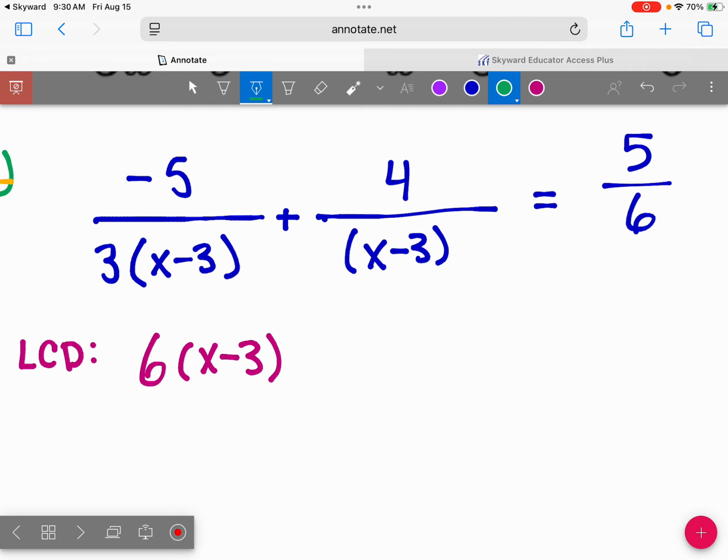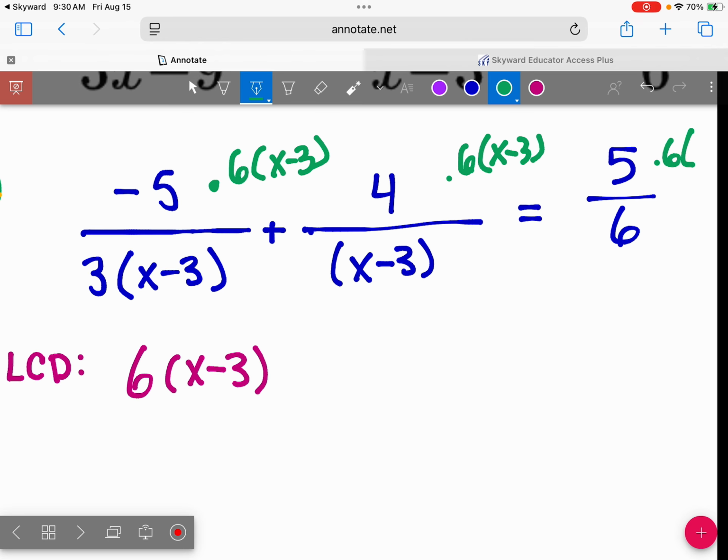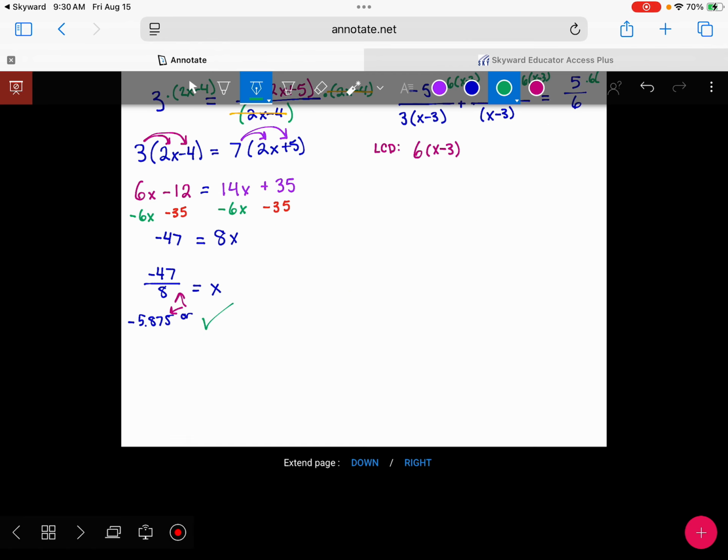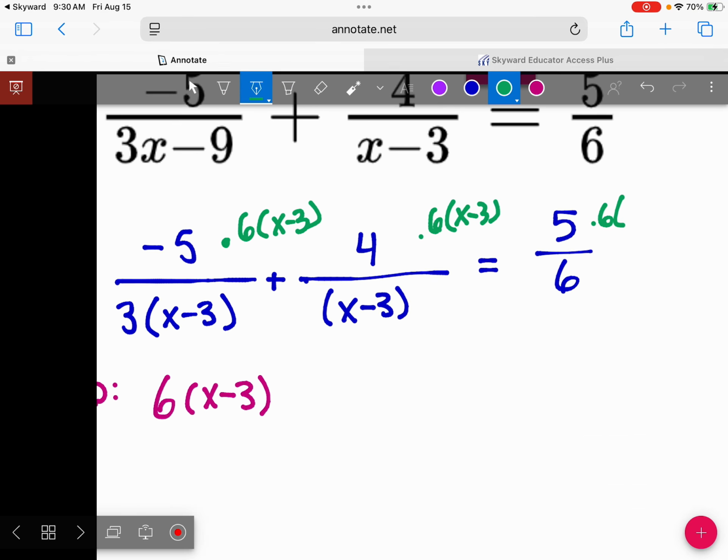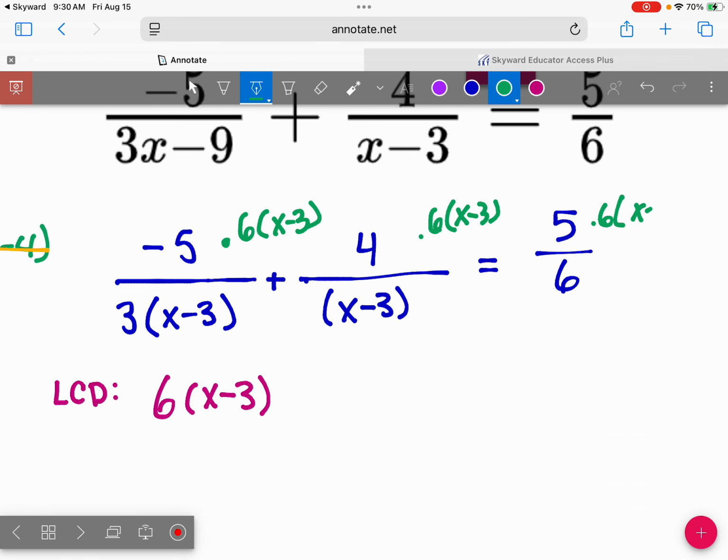Or we can multiply all these pieces by our 6 times x minus 3, whatever our least common denominator would be. I'm out of space, so I'm just going to jump down for a second.